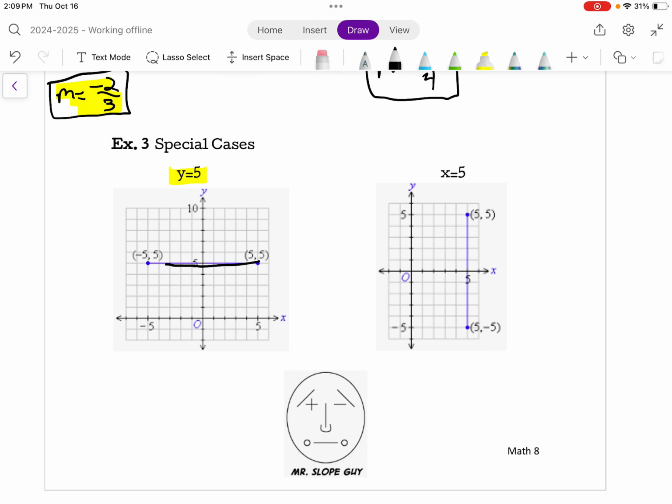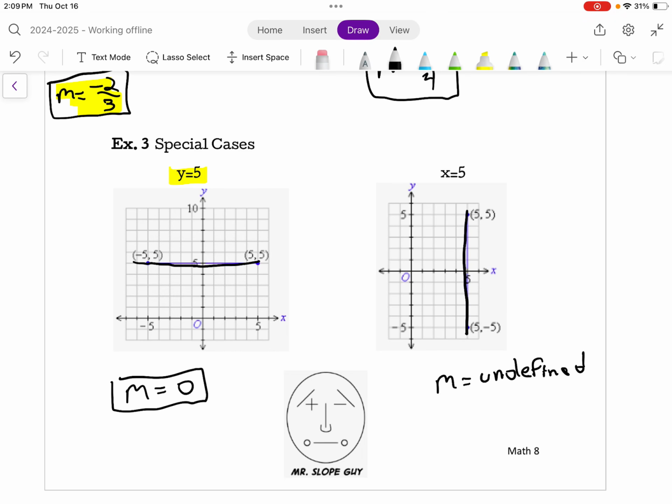I think the easiest way to memorize this, instead of trying to do some formula or try to calculate slope, not doing rise over run, a lot of times I just say if it's a horizontal line, your slope is going to be 0. Okay? And then likewise over here with x equals 5, if it's a vertical line, your slope is going to be what we call undefined.